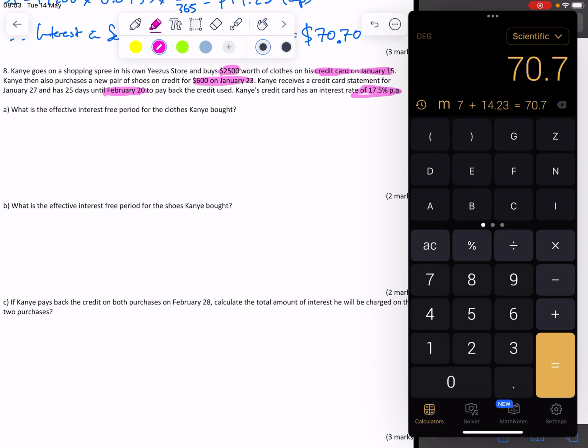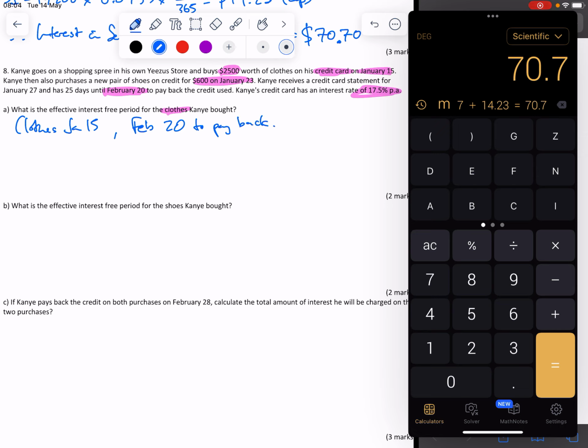For the clothes Kanye bought, so we're talking about the clothes specifically. He bought the clothes on January 15, and has until Feb 20 to pay back. It's a credit card question, so you do not count the day of purchase.